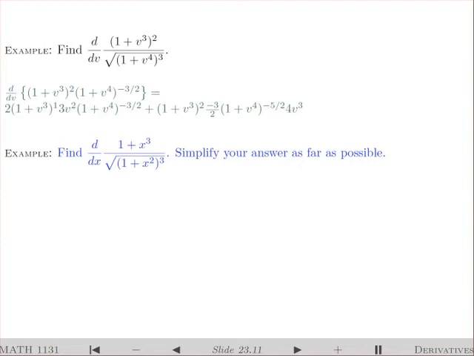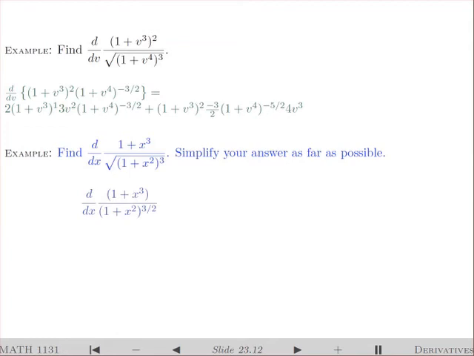We will find the derivative of (1 plus x cubed) over the quantity square root of (1 plus x squared) to the power 3, but we are going to simplify the answer as much as possible. This time I'm just going to use the quotient rule rather than the product rule, but I will still write the denominator as a single power. So square root of power 3 is the same as power 3/2.